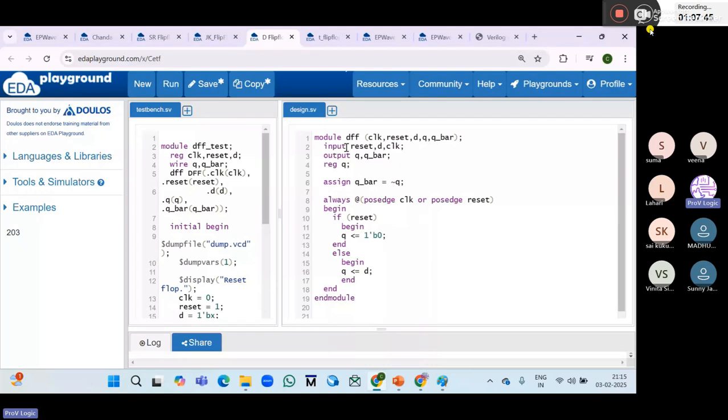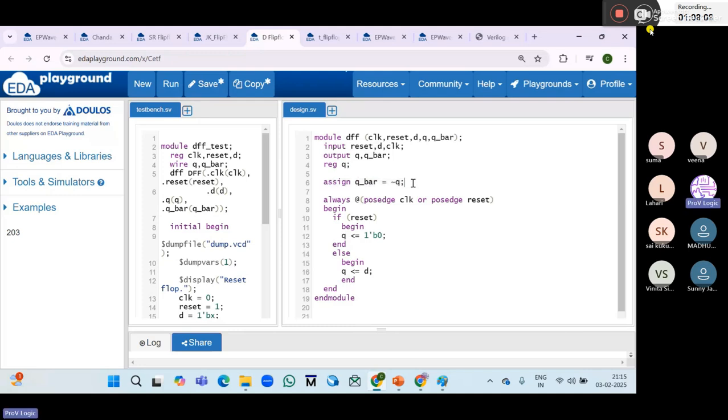If you see here, module D flip-flop, clock, reset, D, Q, Q bar, input reset, D, output Q, Q bar, and assign Q bar equal to not Q by using continuous assignment statement. Initially, we are just assigning Q bar equal to not Q.